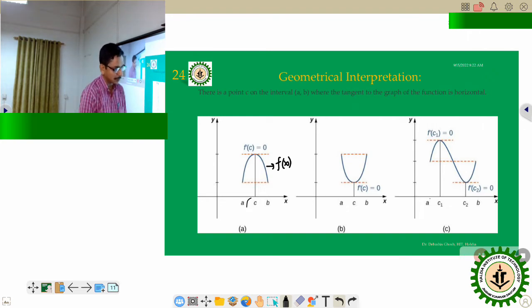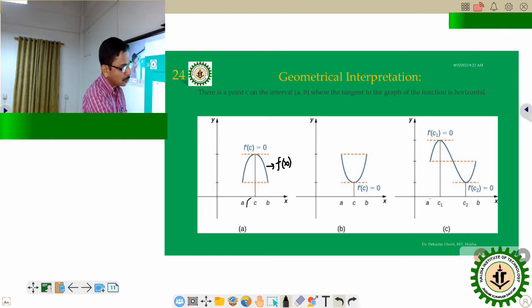Similarly, if we draw the graph this way, we can claim that f dash c equals 0, because again there is no break, so the function is continuous. The function is also single valued, that criterion is required. At each point we can draw the tangent to this function. Then we have some point at which the tangent to this graph is parallel to the x-axis.